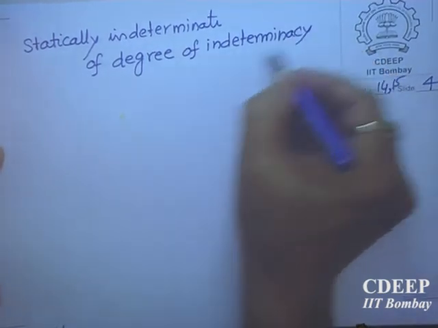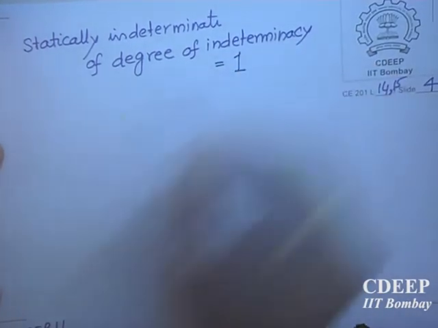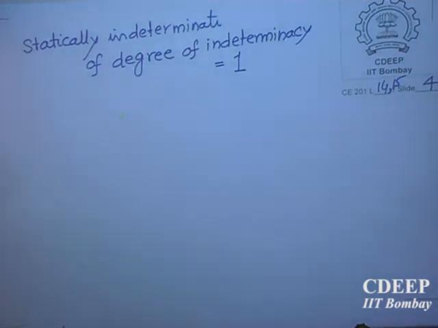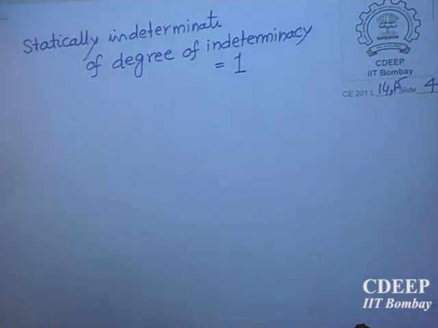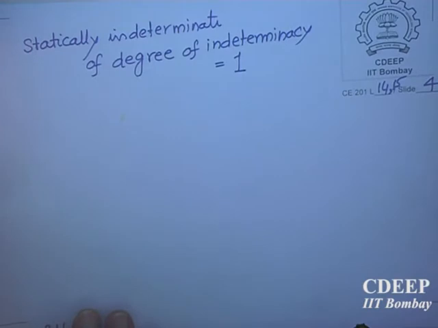That means we need one more condition. If we can get one more equation, then we can solve the total problem. Now how will we get one more equation?